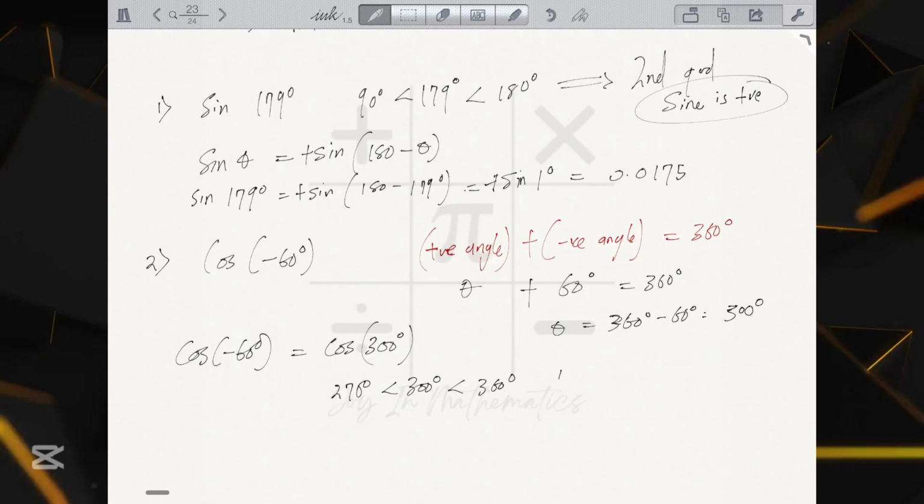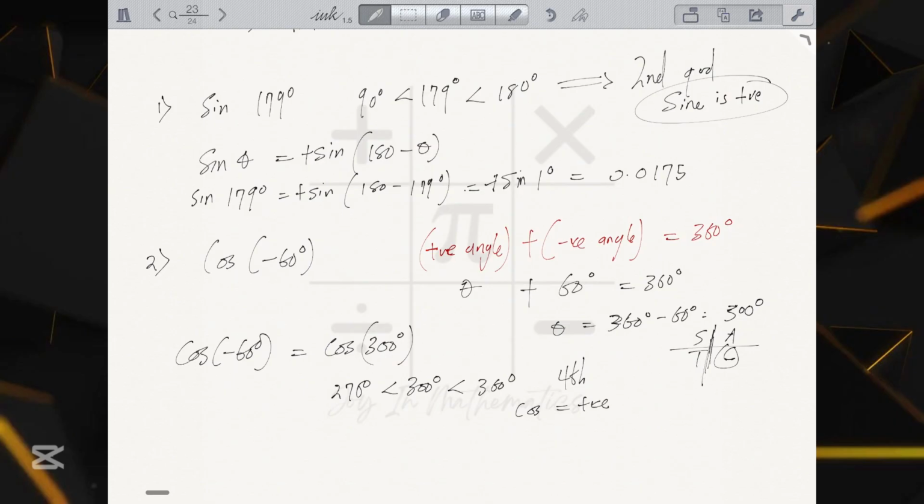So it is in the fourth quadrant. And according to All Students Take Coffee, in the fourth quadrant only cos is positive. So therefore, cosine in this case is positive.